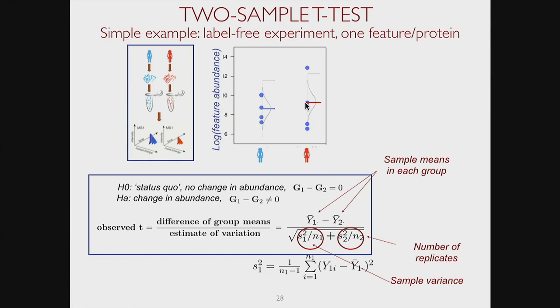So usually the way we think about this is that we start by assuming the status quo, or the not interesting case, a worst case scenario, meaning that we have no difference between the groups. So we assume that these two means are actually the same in the underlying populations.